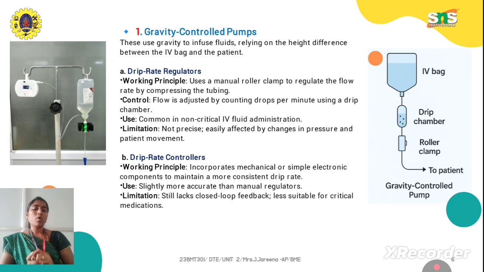On the left-hand side you can see the stand which carries the drip rate regulator, and in the other hand you have the saline, which is the fluid to be injected into the patient. These two types of pumps work based on gravity. The fluid easily gets infused because of the height difference between the IV bag and the patient.